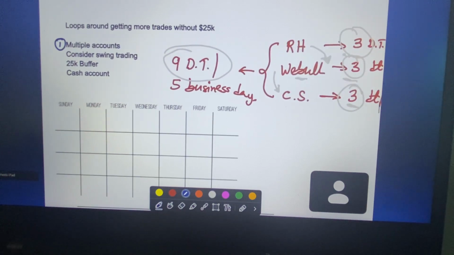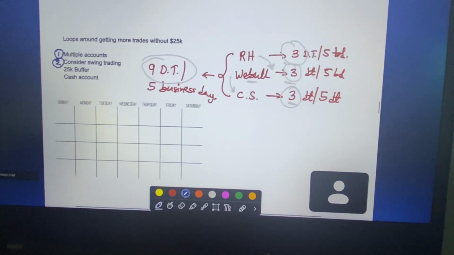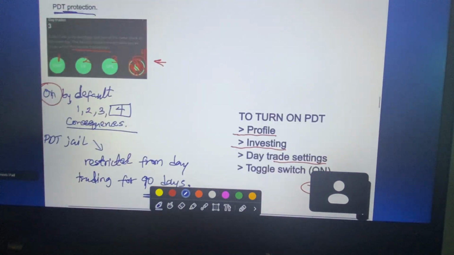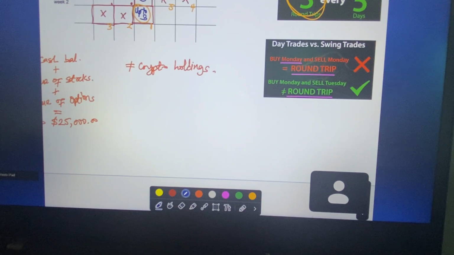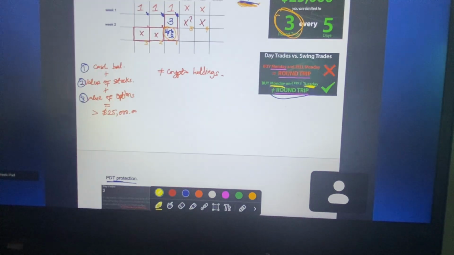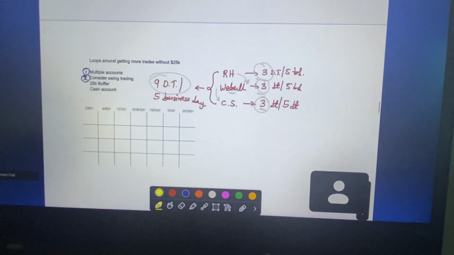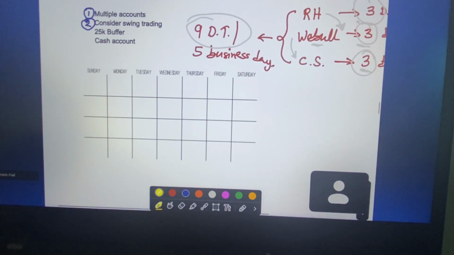The second is to consider swing trading. And swing trading, as we can see from here, doesn't count as a round trip. So this means that if you buy on Monday and you sell the next day, this is not a day trade. And there's no limit to the number of swing trades you can make.